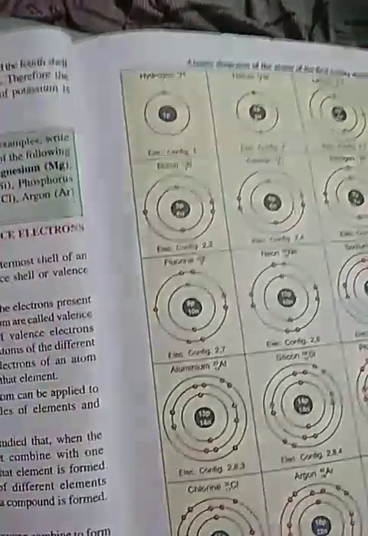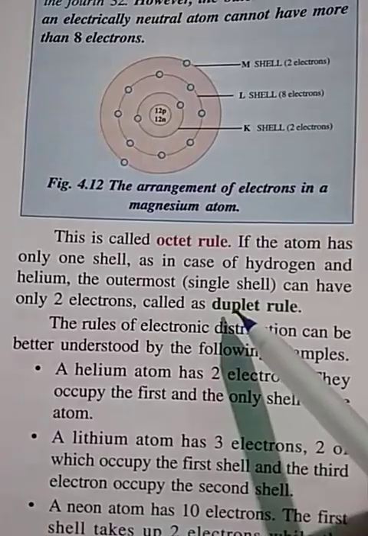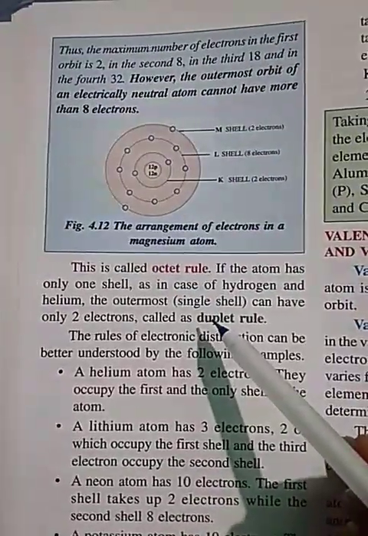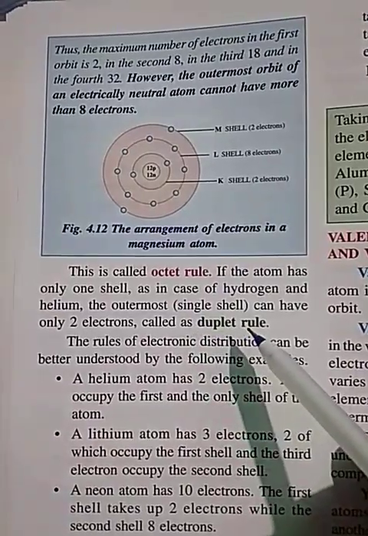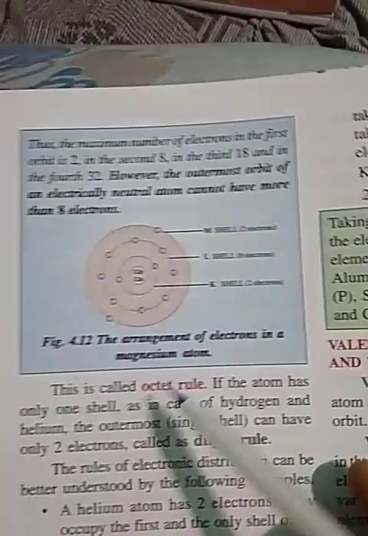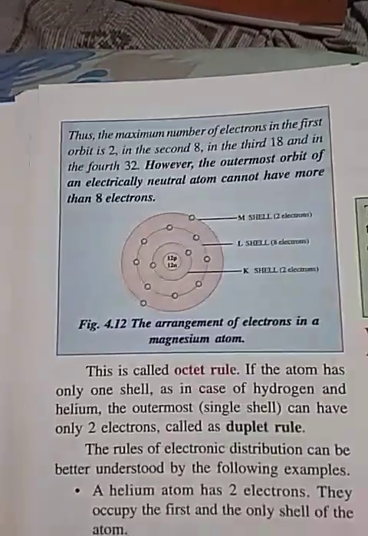If we can see here, two new names will be here. Duplet rule and octet rule.